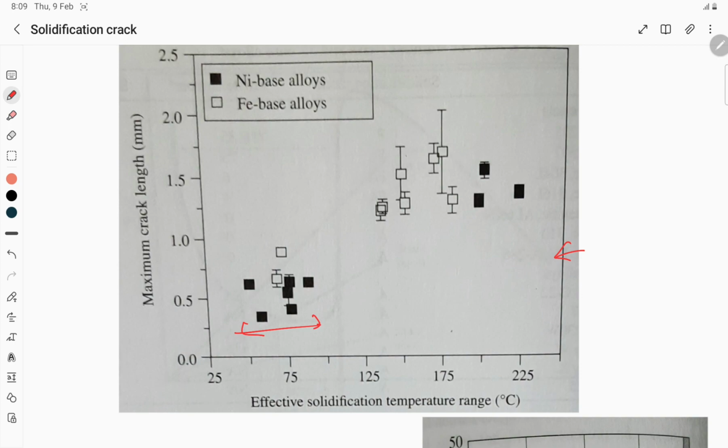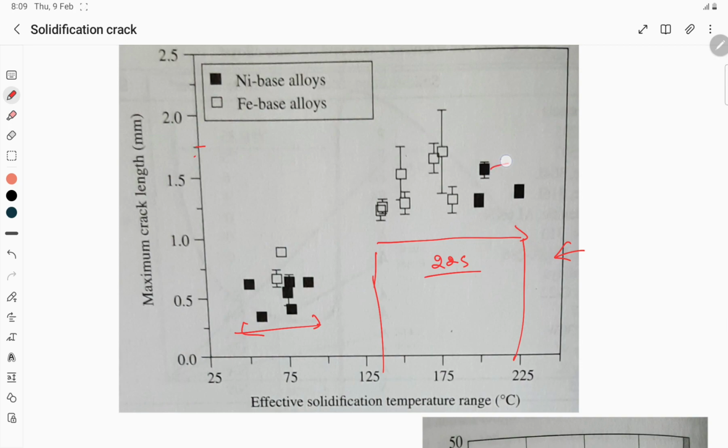When the range is between 125 and 225, the crack length is more than 1 mm, in some cases around 1.5 mm, 1.7 mm.